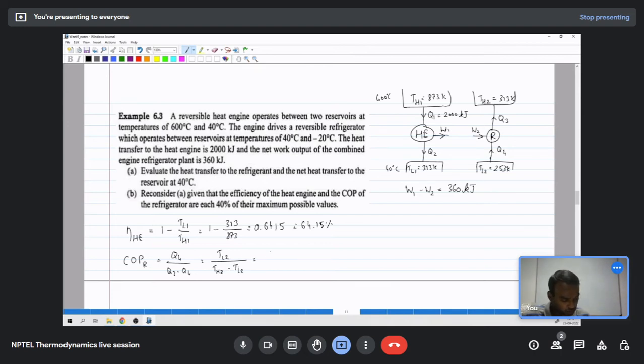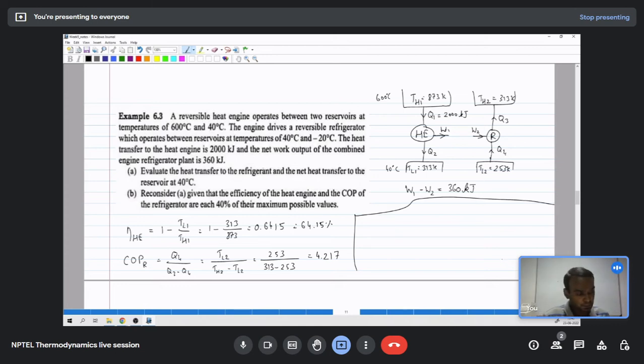So this is 253 divided by 313 minus 253. So this is 4.217. This is the COP of the refrigeration system.